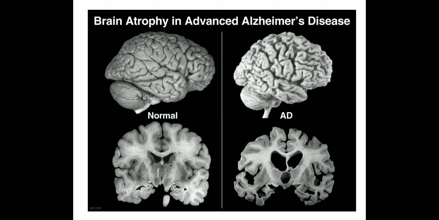In advanced cases, these plaques and tangles lead to degeneration of the brain tissue, and you can see atrophy of the brain. The tissue itself will be very less, and the brain weight will be very less. In Alzheimer's disease, you can see a lot of free spaces, whereas the normal brain is thicker.